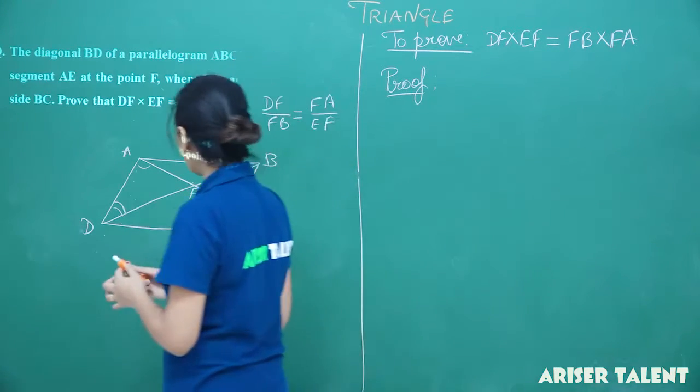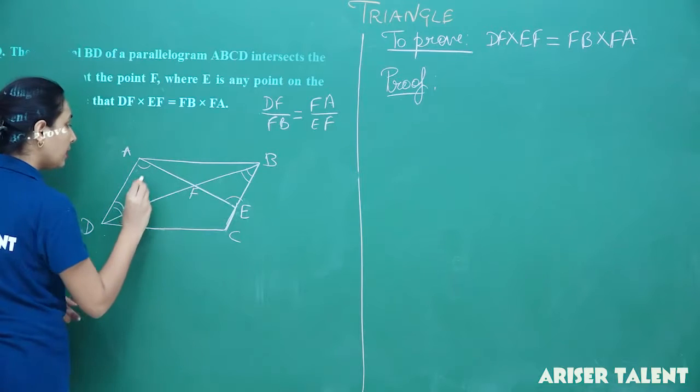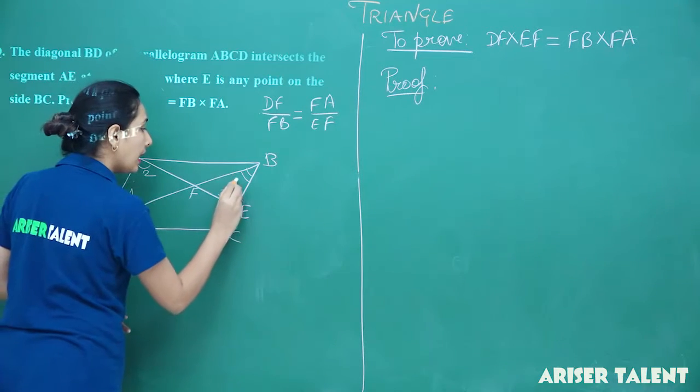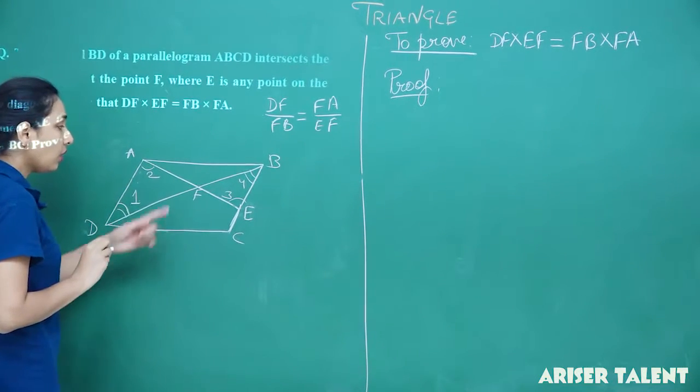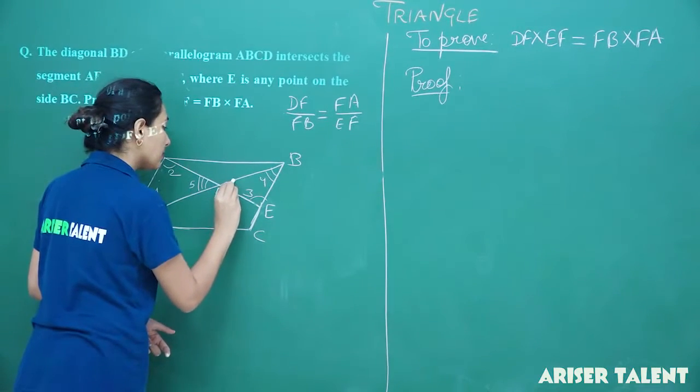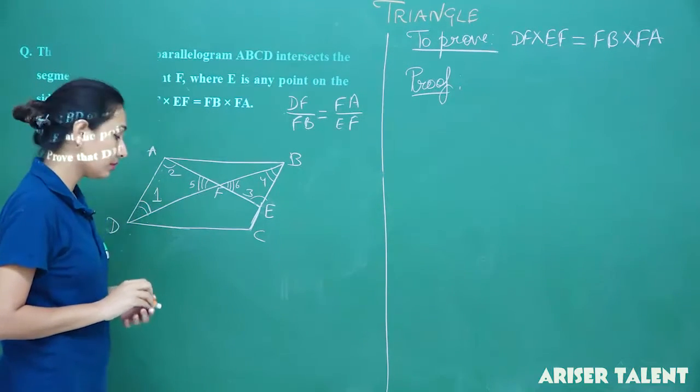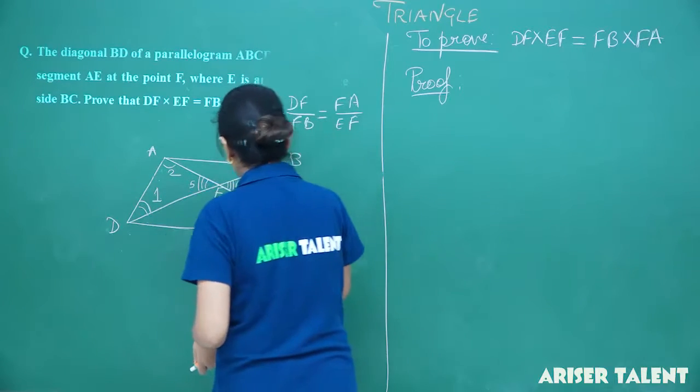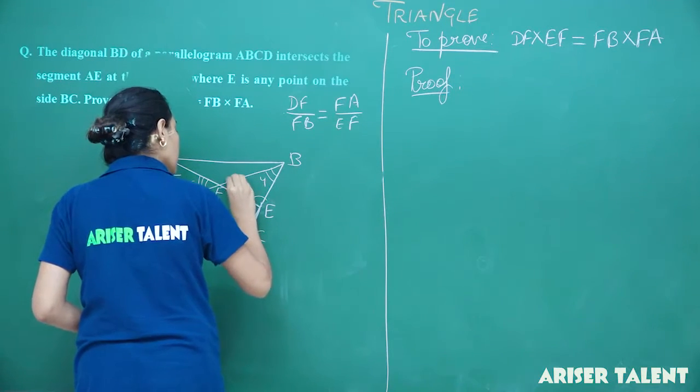So if I call this angle 1 and this 2 and this 3 and this 4. Now these two angles are 5 and 6. Mark these. Okay. We can use different chalks for them.